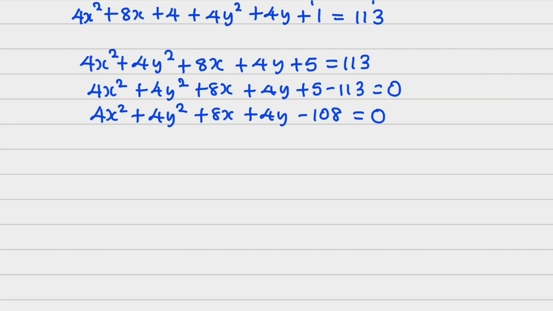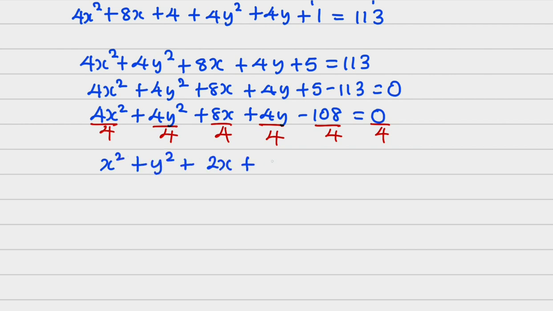But 4 can go into all of these, so for better understanding, divide all through by 4 to simplify the whole work. You are going to get x² + y² + 2x + y − 27 = 0. So behold, this is the equation of the circle.